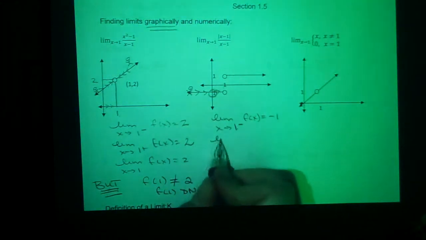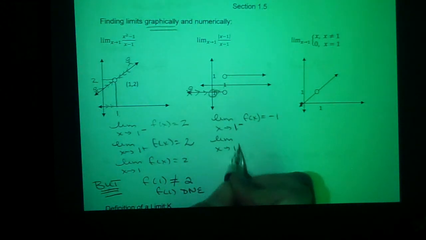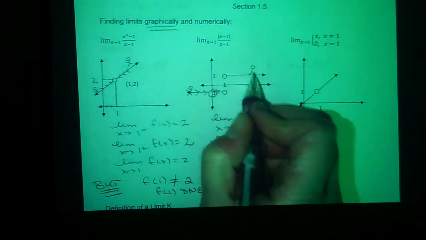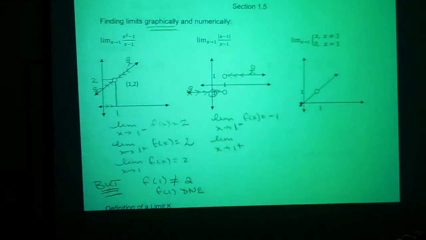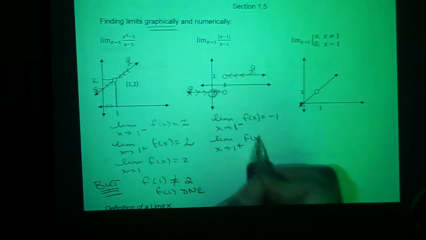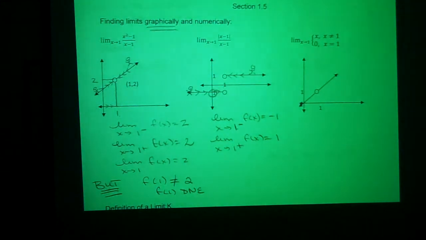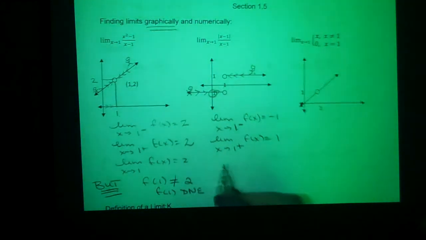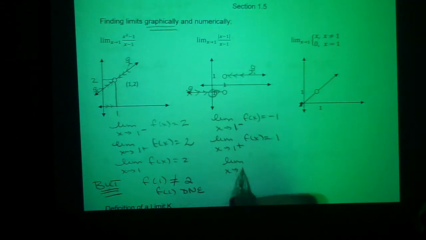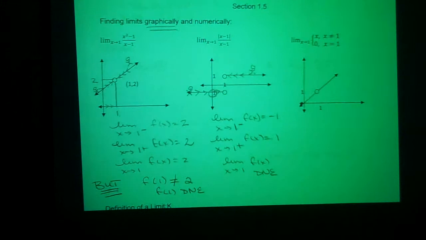But if you approach that x value of 1 from the right, so you're up here walking along the function, you're on a totally different piece of the function that has a limiting value of 1. And in that case, you'd have to say, for this particular function, the limit as you approach 1 doesn't exist, because they don't match left and right.